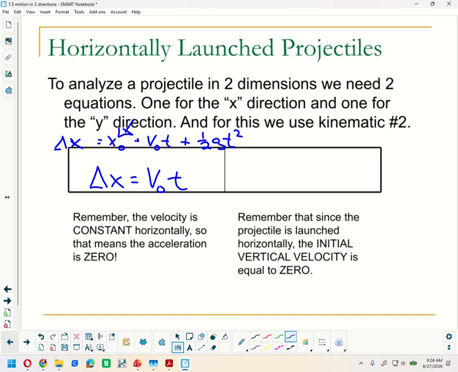And the other piece I'm working with is going to be my vertical component. And my vertical component is due to my gravity, which I'm going to have my delta y is equal to 1/2 gt squared.